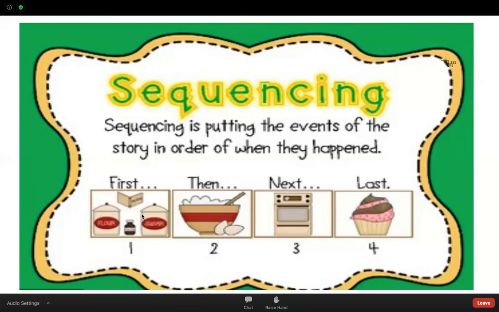So first you have the ingredients, then you mix all those ingredients together. Next, you bake it in the oven, and then you can decorate and eat it. Okay. So the sequence is important because you can't eat it before you bake it.